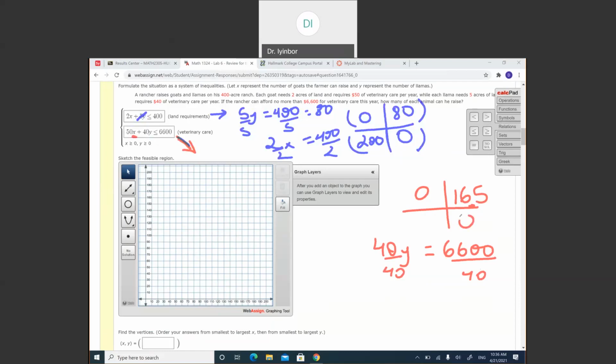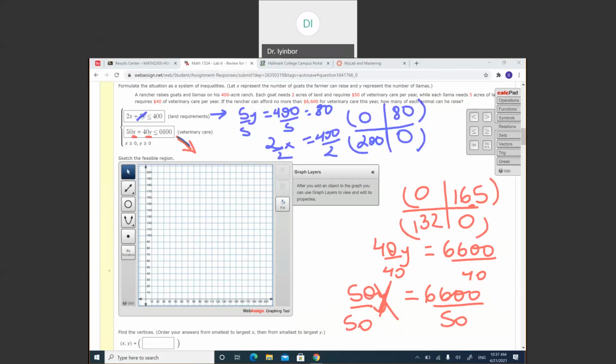Then after that, I'm going to pick 0 for y. So I have to solve 50x equals 6600. Divide both sides by 50, and that's going to give me the x. So when I divide 6600 by 50, it's going to be 132. So these are the 2 points I'm going to use to graph the second line.